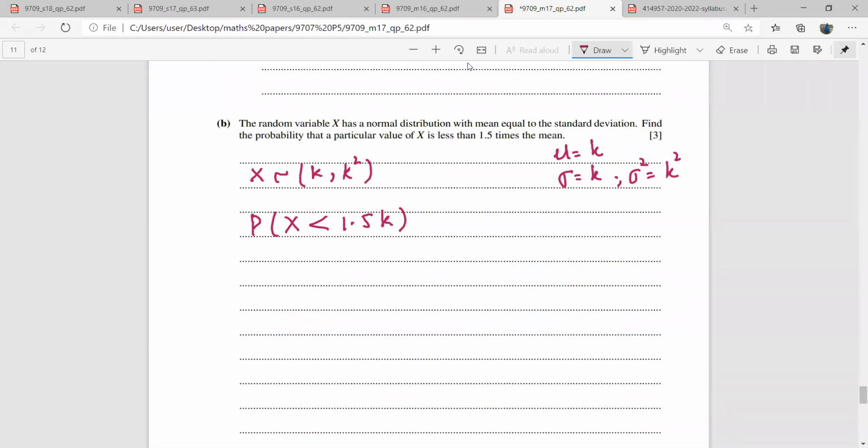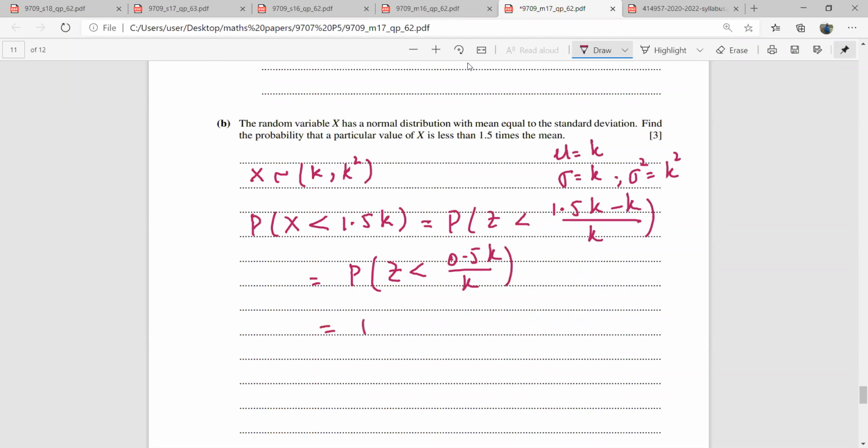Is it what we have to find? Yes, sir. Okay, so let's do that. We'll be standardizing this. So this is going to be the probability that Z is less than (1.5k minus k) over k. Remember that formula. Oh, this is really a brain-twisting question. So this is 0.5k over k.